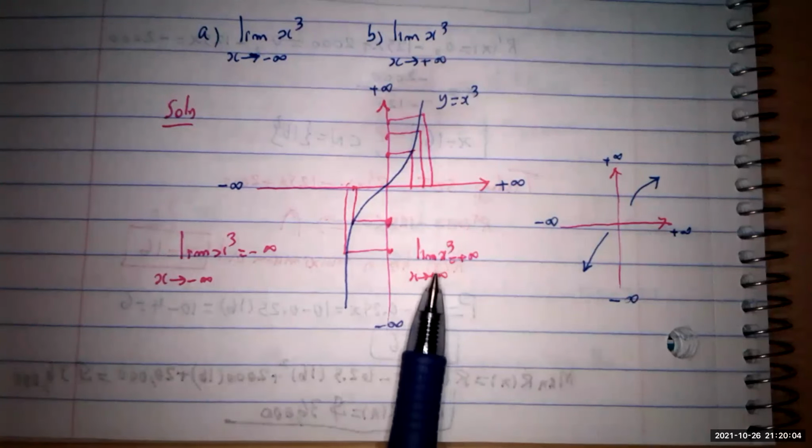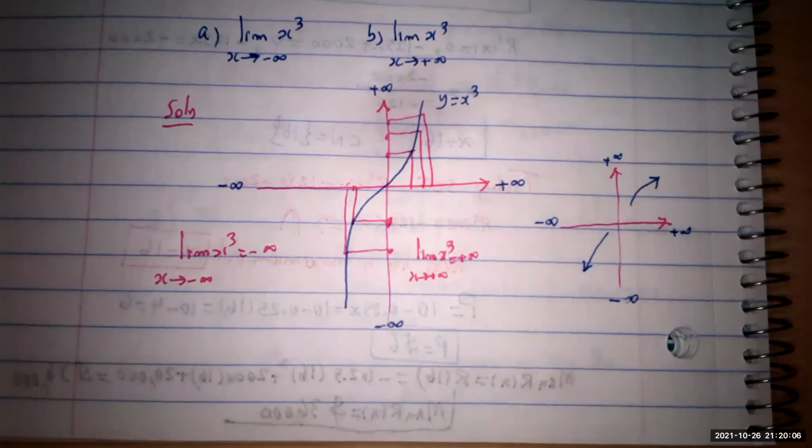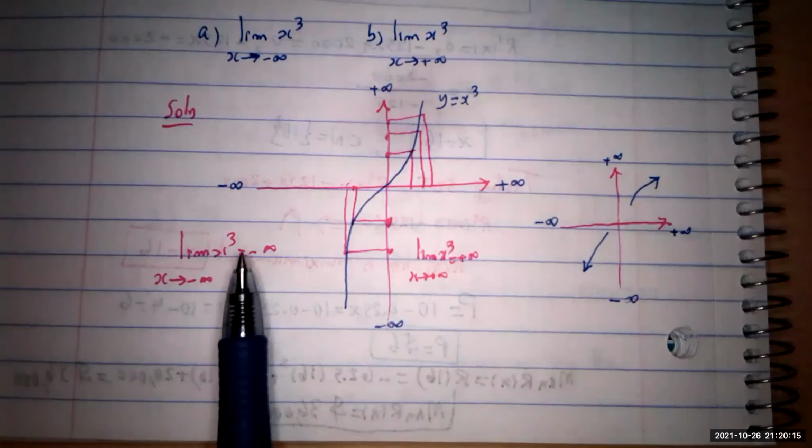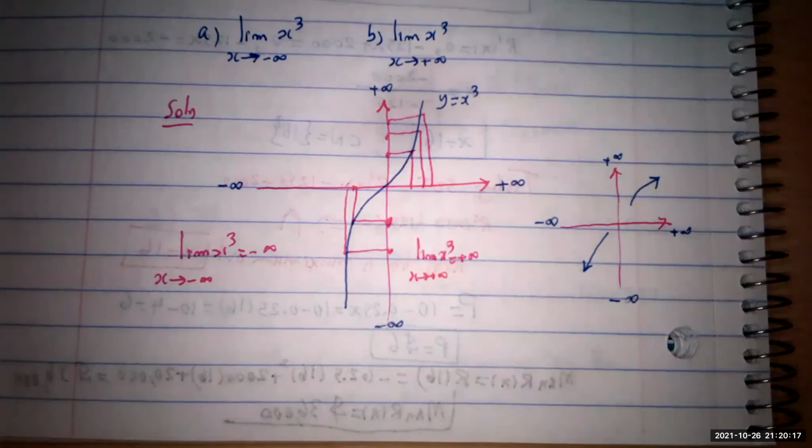Is it positive infinity or negative infinity? That would depend on the power. This is 3. If you get a 5, 7, 9, 11, the same thing. But if it's x squared, then the negative square would be positive.